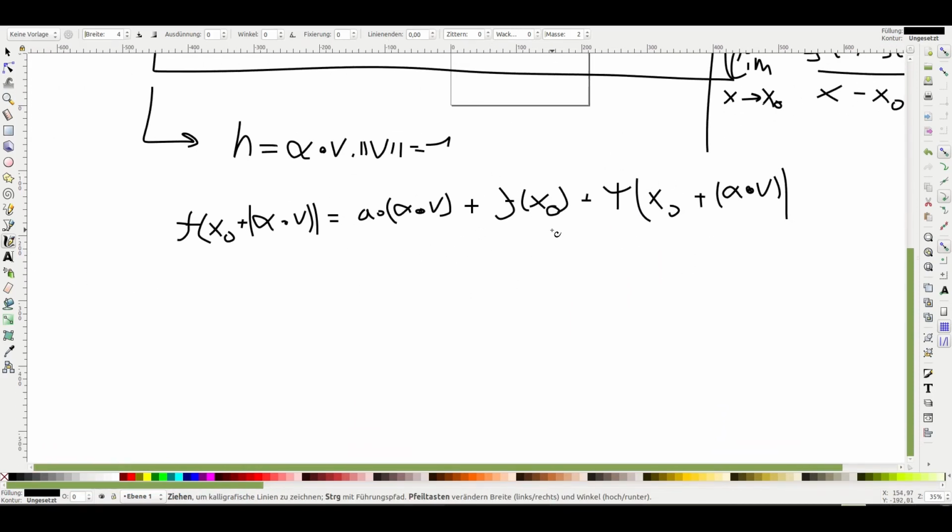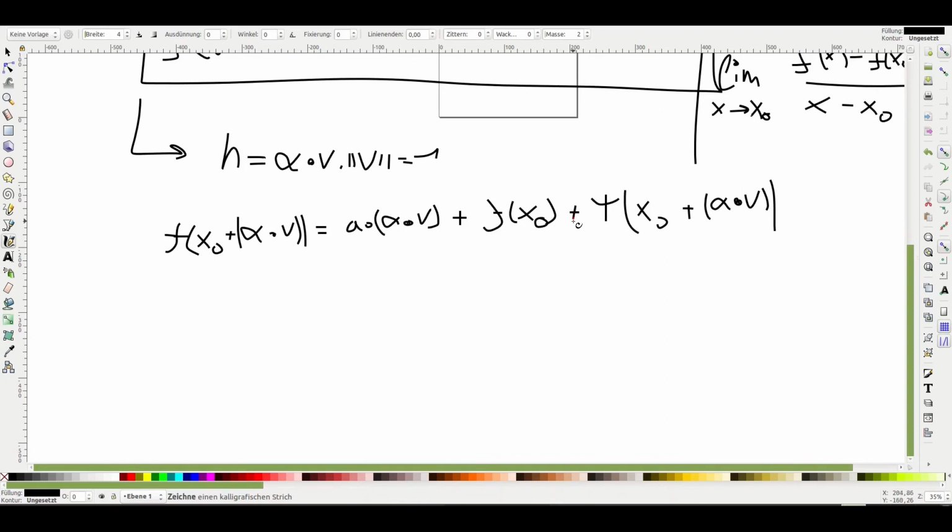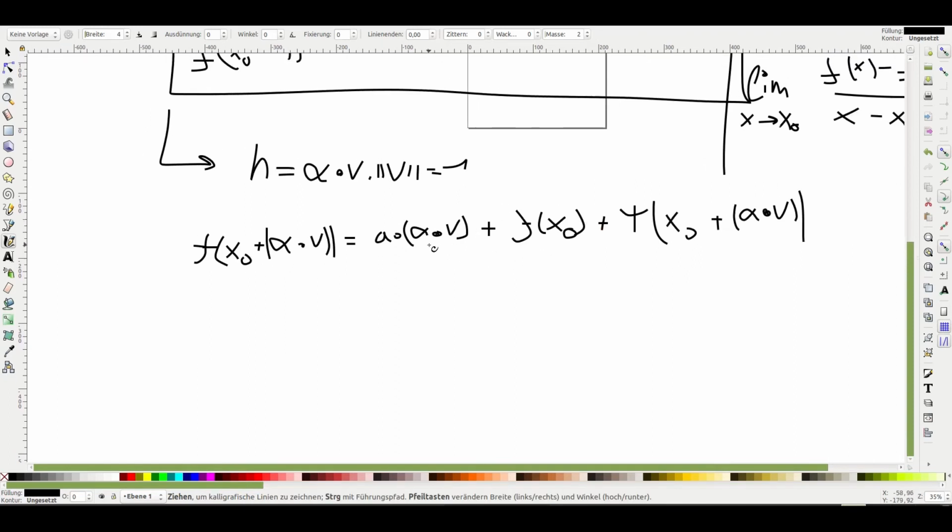Okay, what we need to do in the next step is, now this is not an A, this is an alpha. Maybe it's a bit too messy, but you get the idea, it's an alpha.